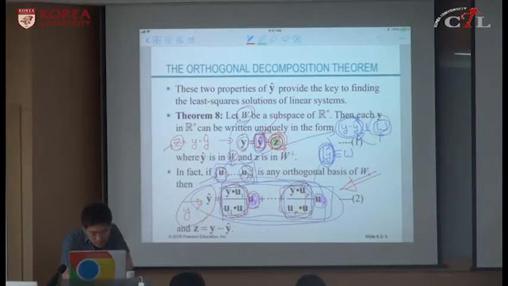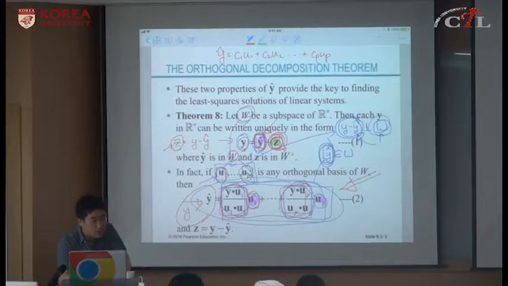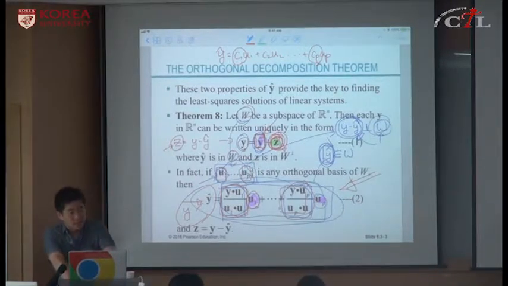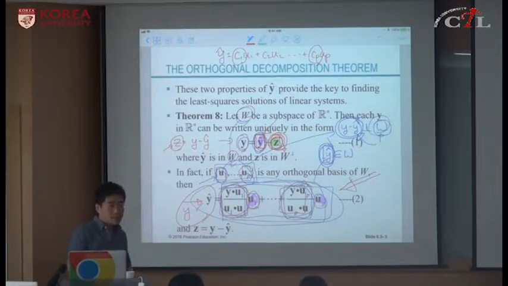We basically started with y hat being equal to c1 u1, c2 u2, and so on, cp up, right? And we had no problem obtaining c1 through cp, so we didn't assume anything additional. We just need any given vector y and any given set of basis vectors u1 through up.